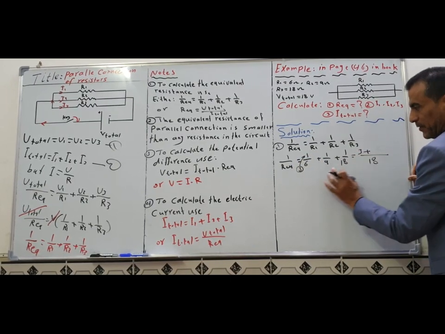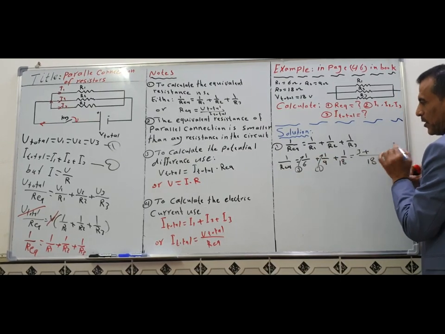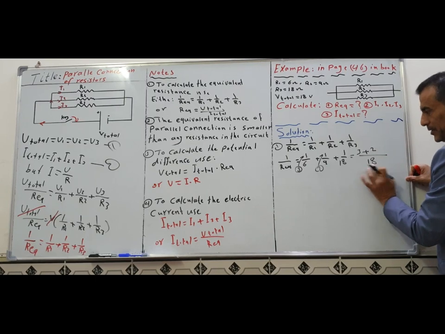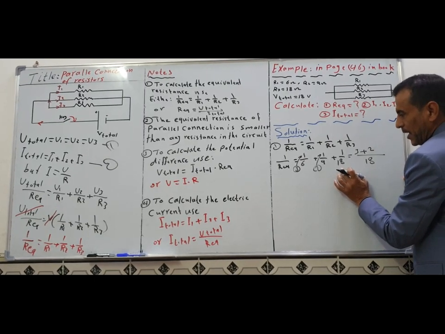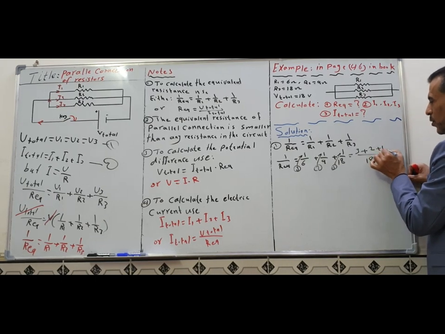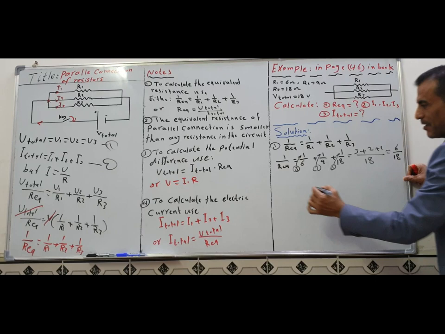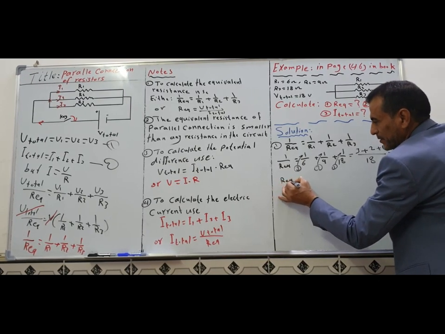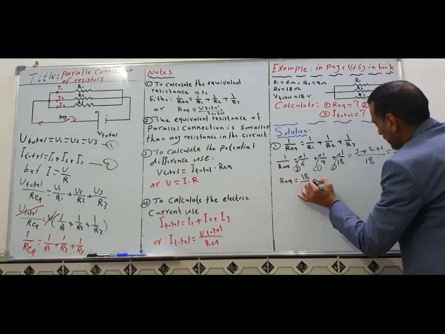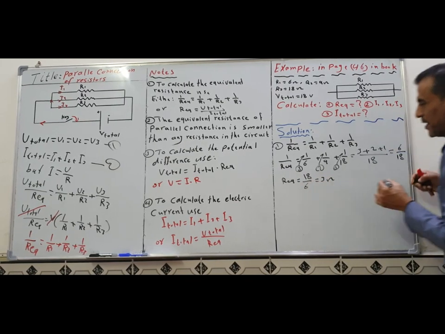Plus 18 divided by 9 equals 2, 2 times 1 is 2. 18 divided by 18 equals 1, 1 times 1 equals 1. So 1 divided by R equals 6 divided by 18. R equivalent equals 18 divided by 6, which equals 3 ohm.